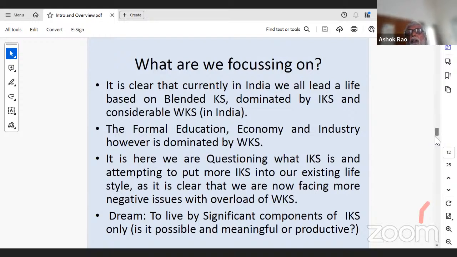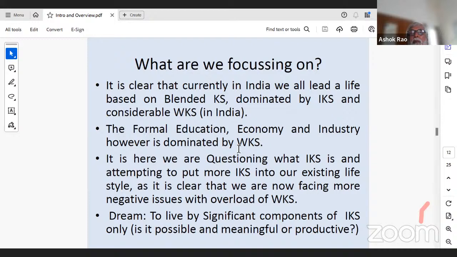So what are we focused on? It's clear that currently in India, we all lead a life based on blended knowledge system, dominated by Indian knowledge system and considerable Western knowledge system. For example, our education and economy predominantly is Western ideas from Western knowledge system, whereas our lifestyle, food, dress, cultural habits are all Indian knowledge system.